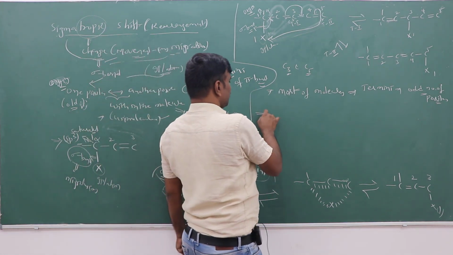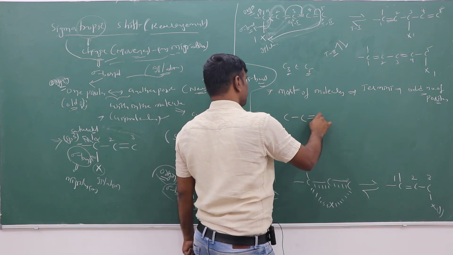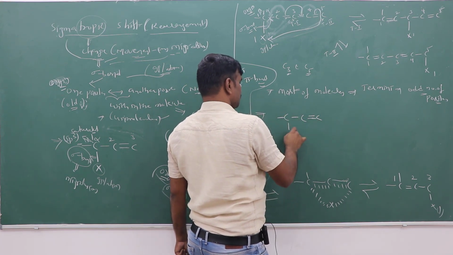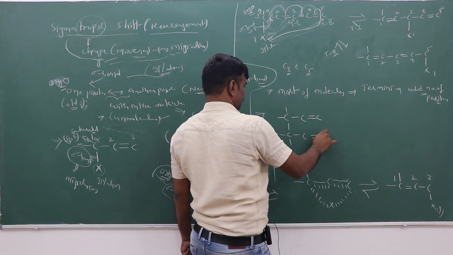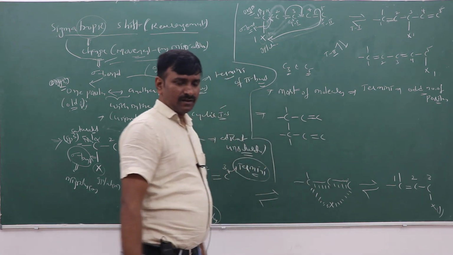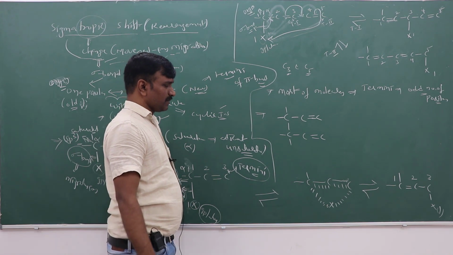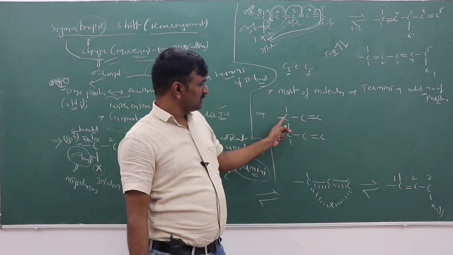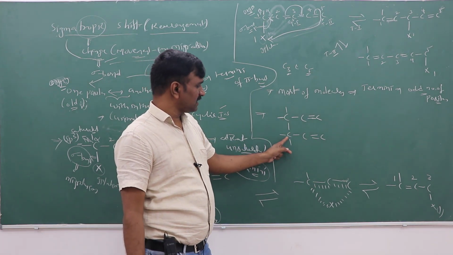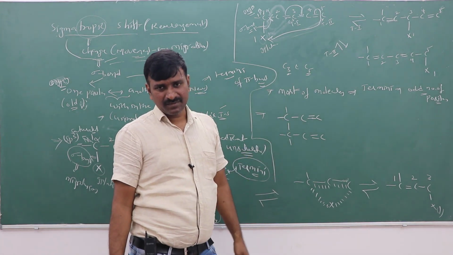If the molecule is like this, suppose, here you can select this one or this one with respect to the unsaturation. Here a saturated position is there, here also a saturated position is there.